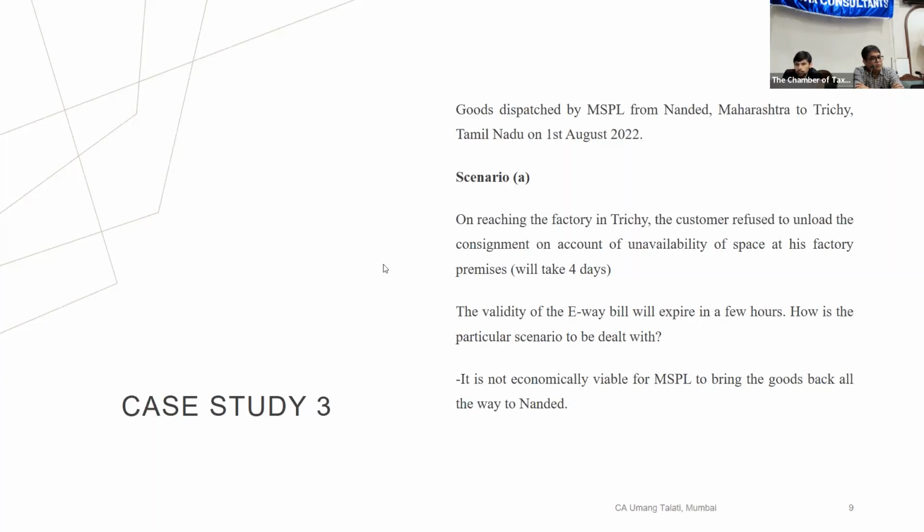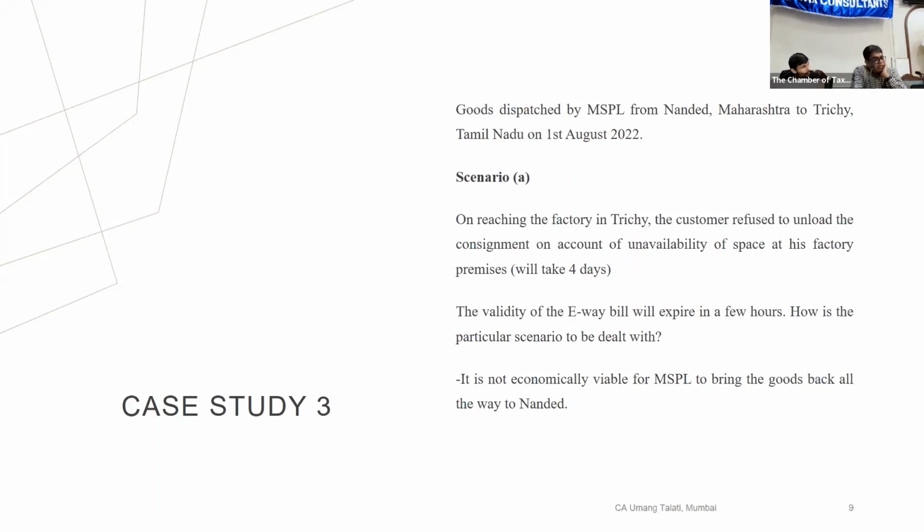In scenario B, since the goods are returning, now it will go to the transporter's place. Now from there, still after 4 days or 7 days, if it has not been picked up, the e-way bill time limit has naturally expired, right? Now the option would be you have to take the goods back to your place. At that point of time, how you will deal with that is your main question.